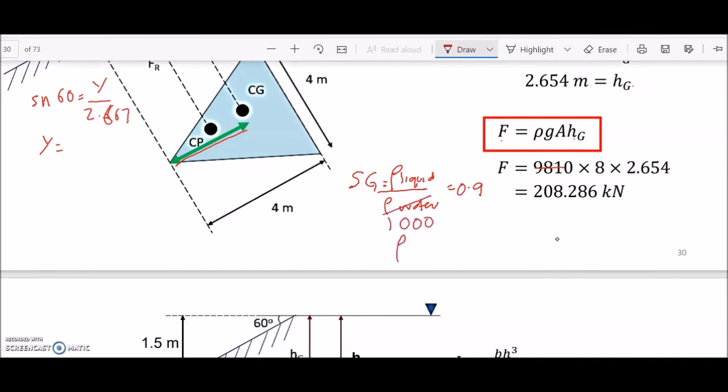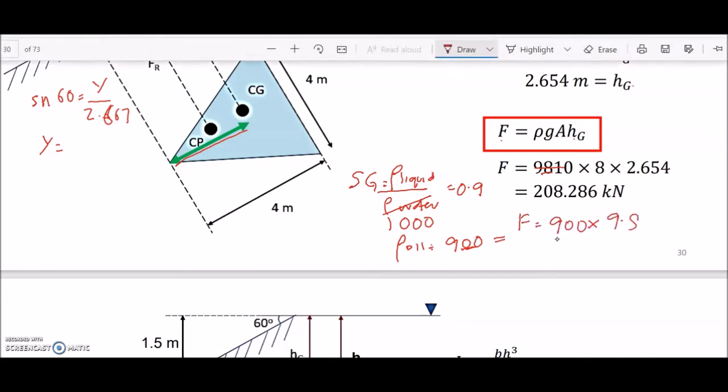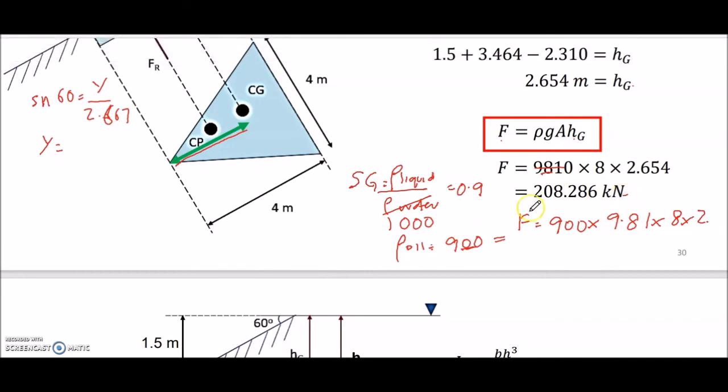So you know the density of the liquid oil is 900. So we use 900 to calculate this. So F equals rho 900 times gravity times A and times this one. So you need to calculate again, and you will get your new F. The previous one used the 1000 density of water, so it is wrong because it was in the oil, so you need to use the Sg for oil.